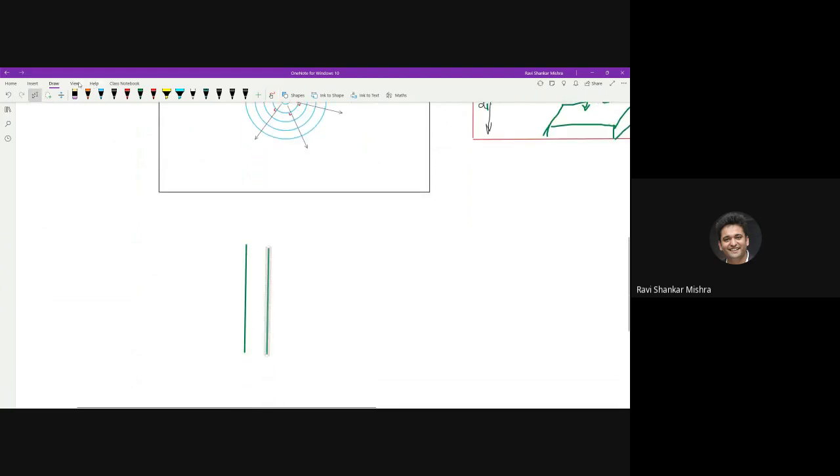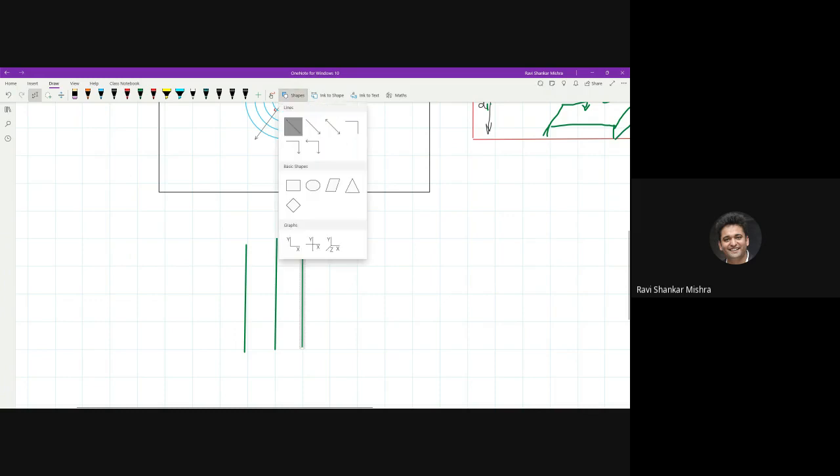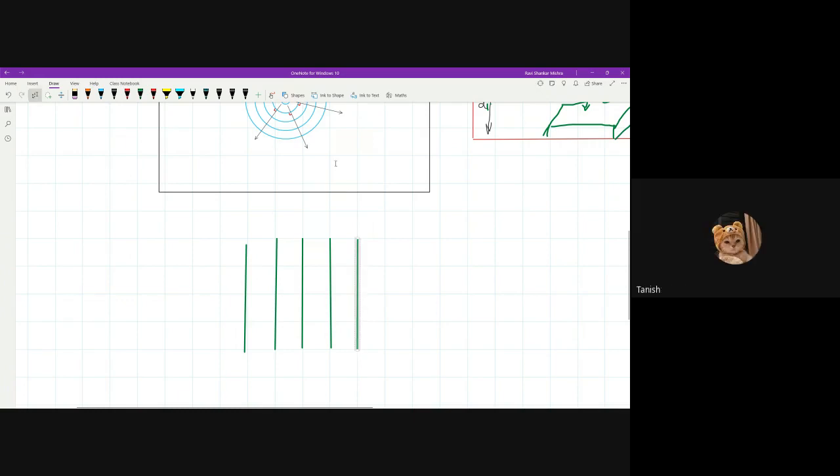I will take the help of these grid lines so that I don't make a mistake in the distance part, right? These are parallel wavefronts, right? And you know how you can create parallel wavefronts, right? Yes or no?